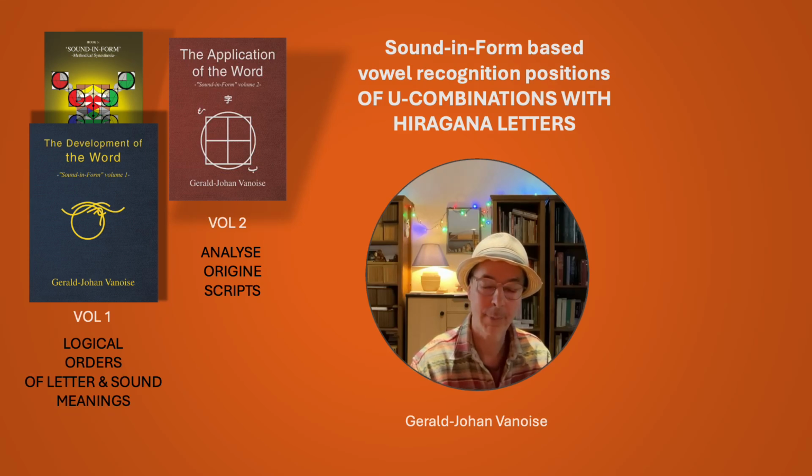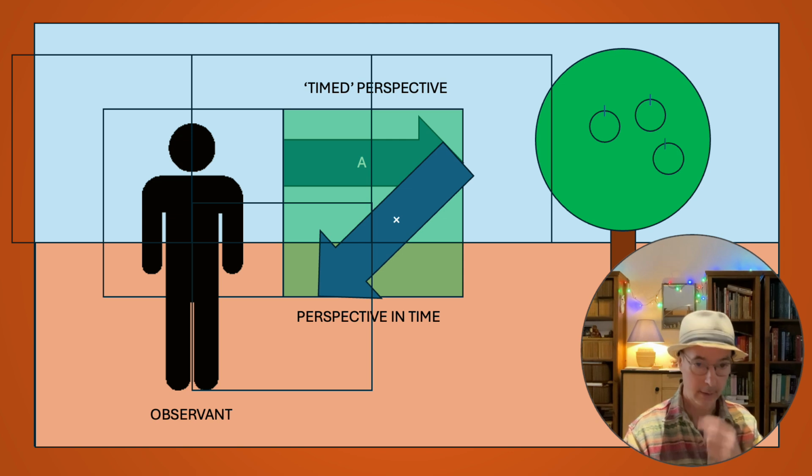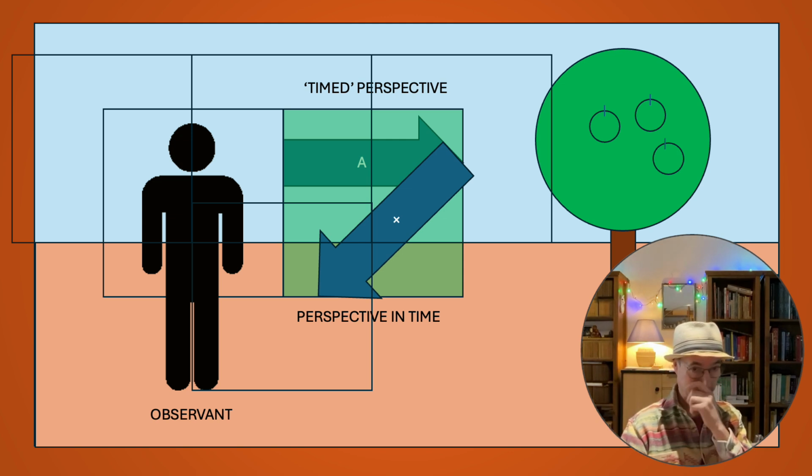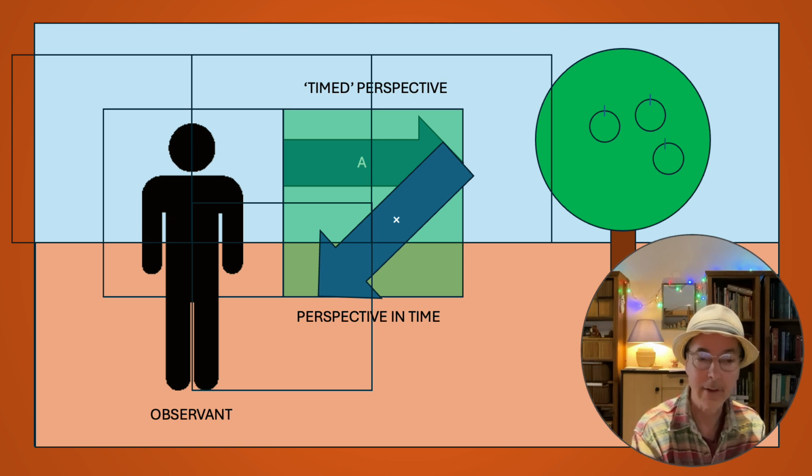In this video I will explain some of the Hiragana letters that are combinations with the vowel U. And in the background you have my guiding theory of orientations in time and space of usually the Roman letters.